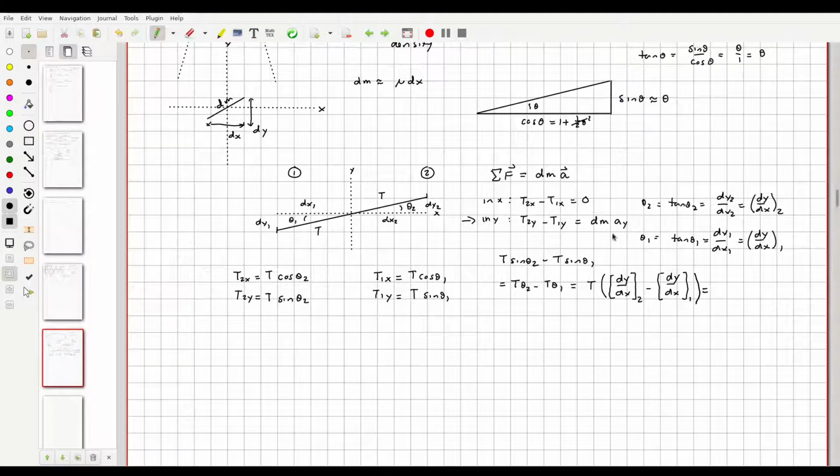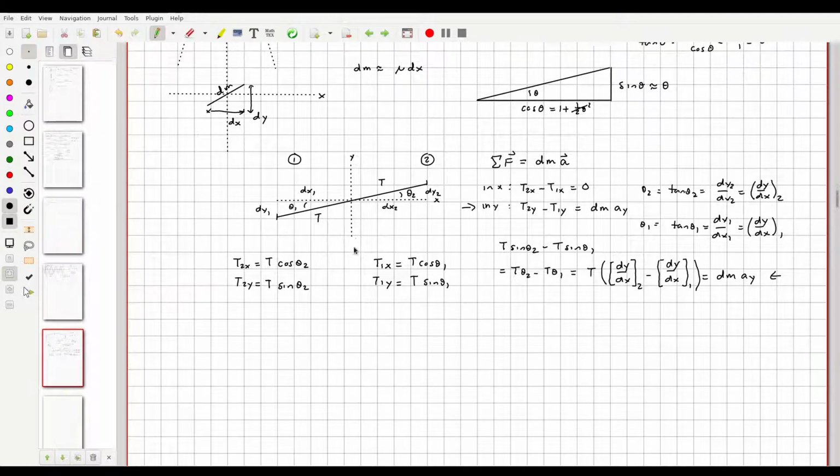Now on the right-hand side, I have dm times ay. So this right here would be the equation that describes how this thing is moving up and down.